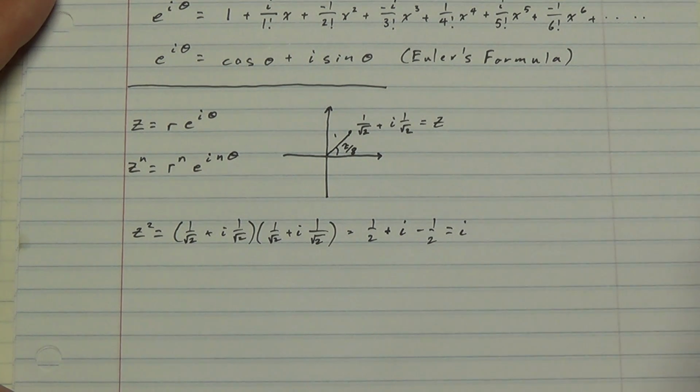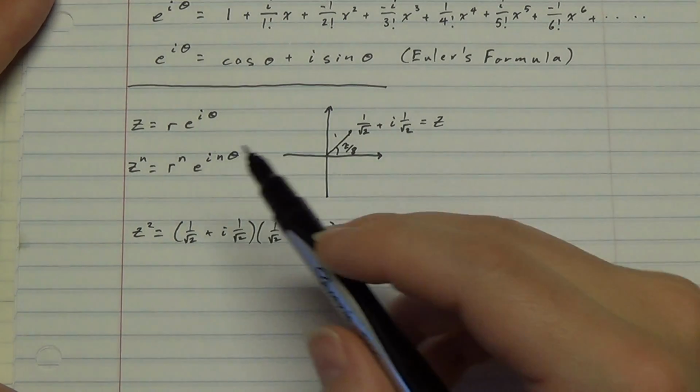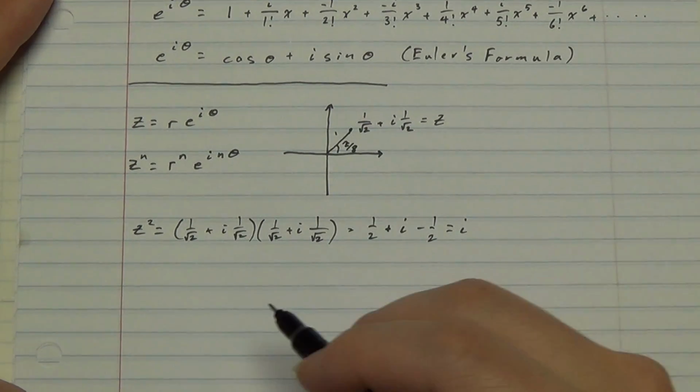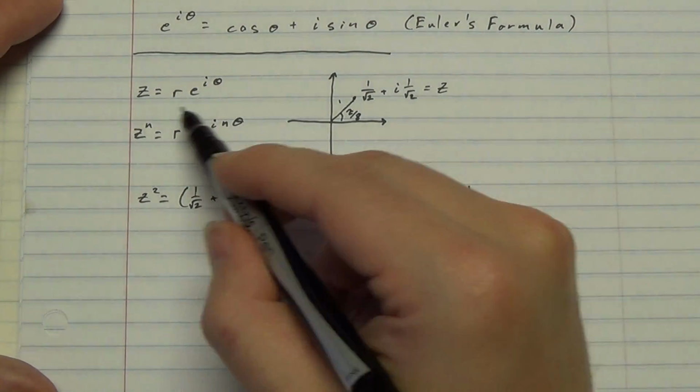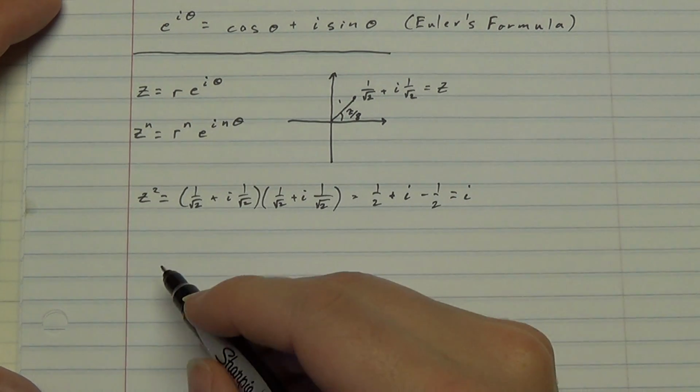The square should be the imaginary number. So let's check that with de Moivre's formula.